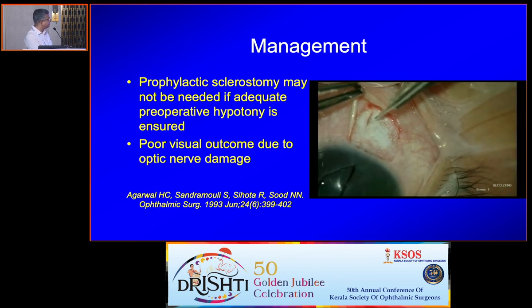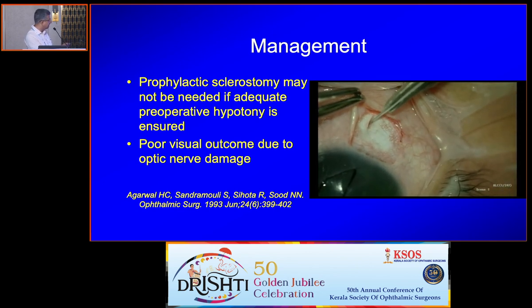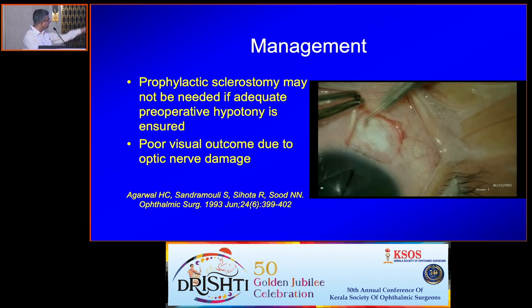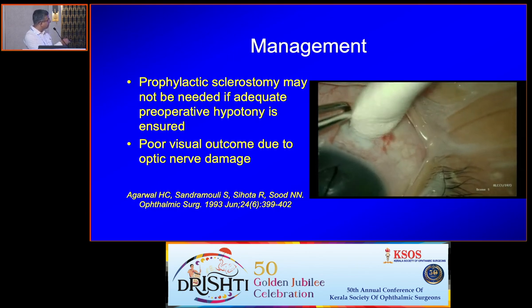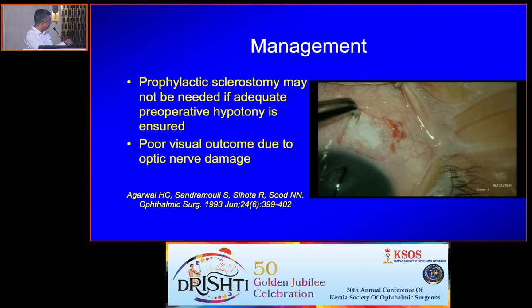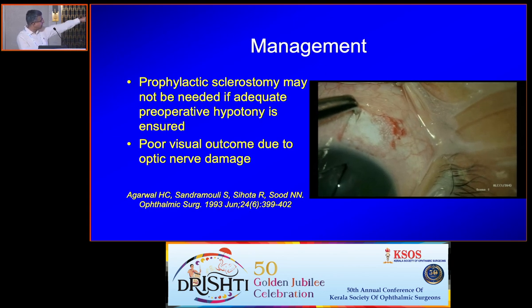And what I want you to see is this leash of vessels that you can see at the edge of the conjunctiva. That network of vessels is a very, very typical feature of raised episcleral venous pressure.